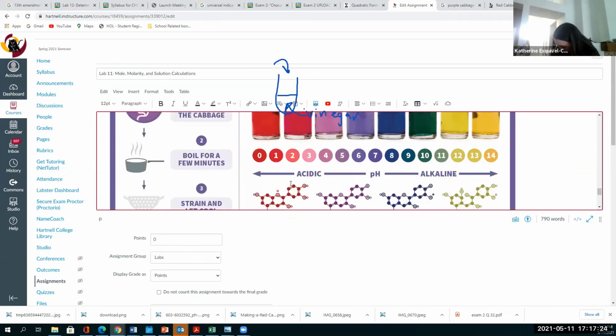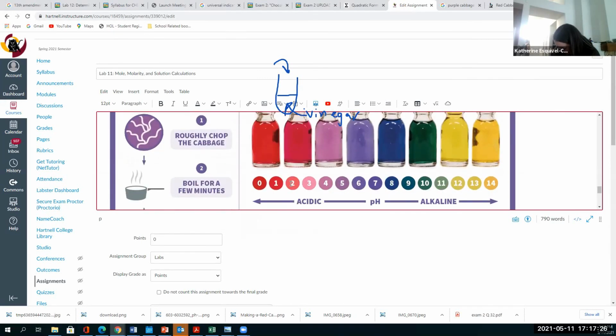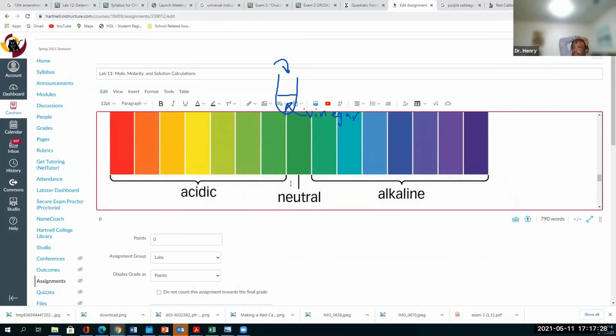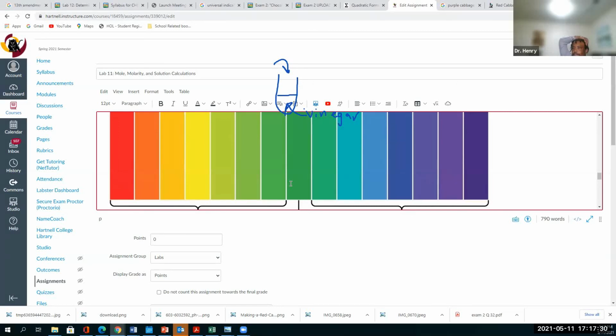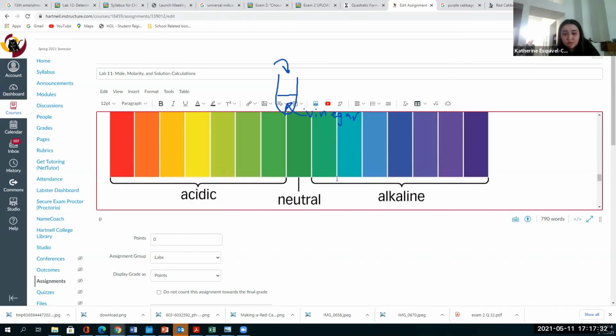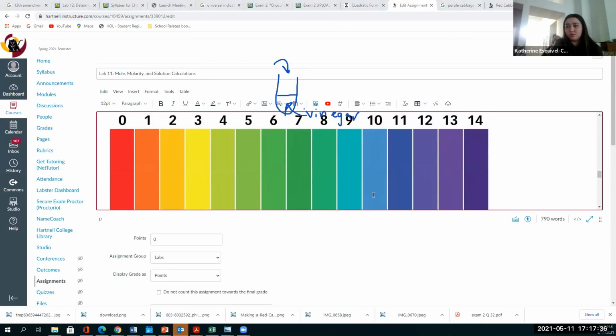This is the indicator for that. So it's neutral. It'll probably be around 8-ish, 9-ish, based upon what I saw with your colors.